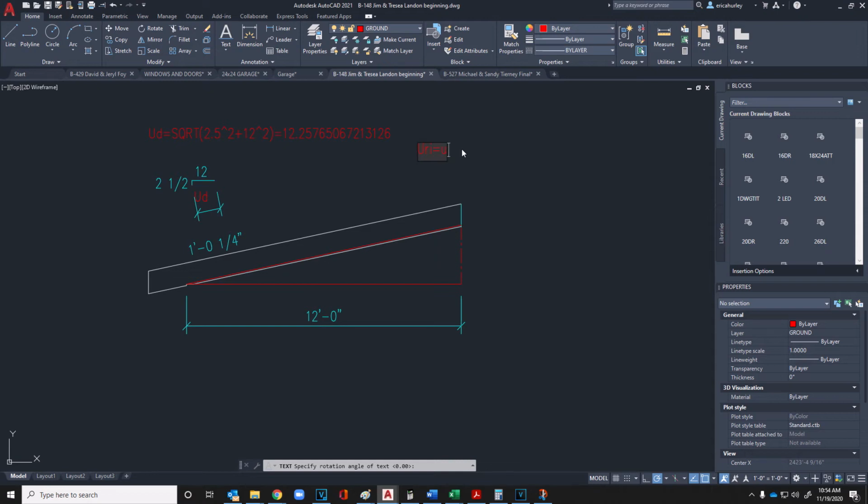Total rise is equal to the unit rise divided by the unit run times the run.